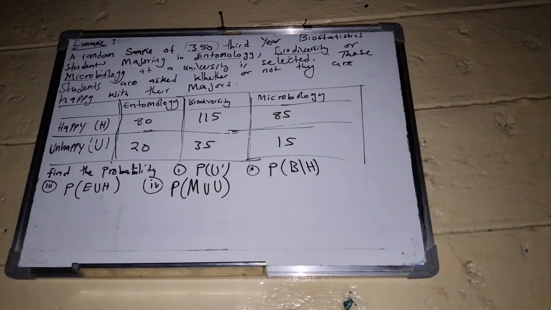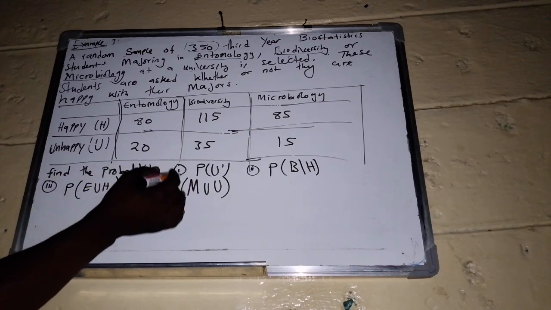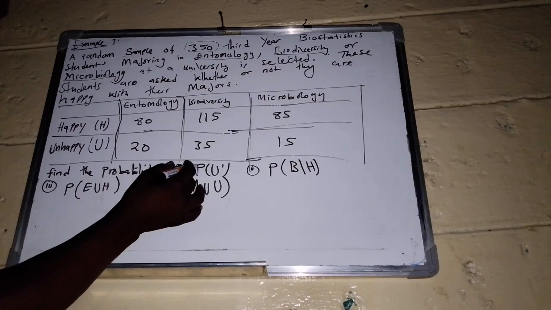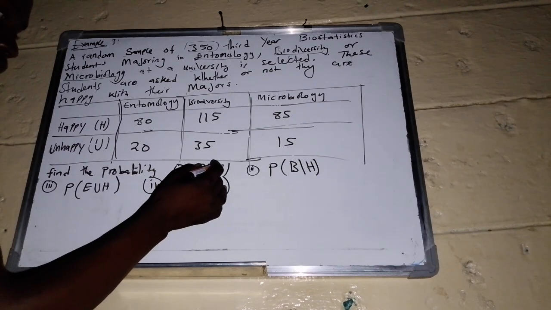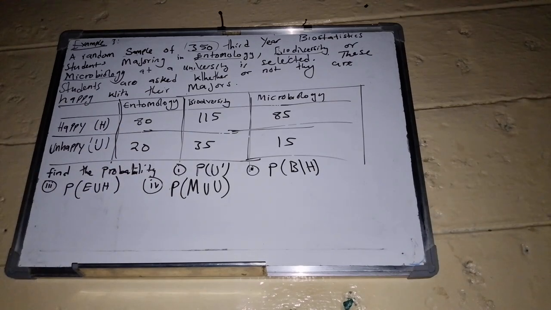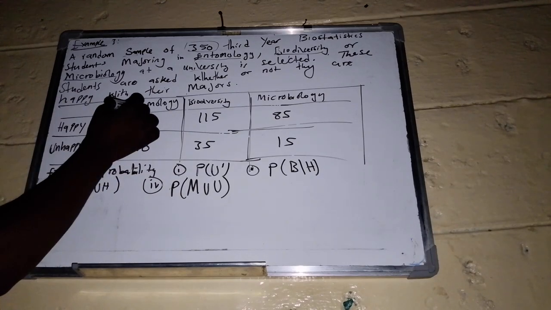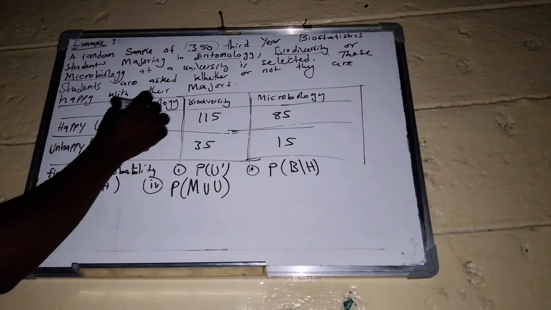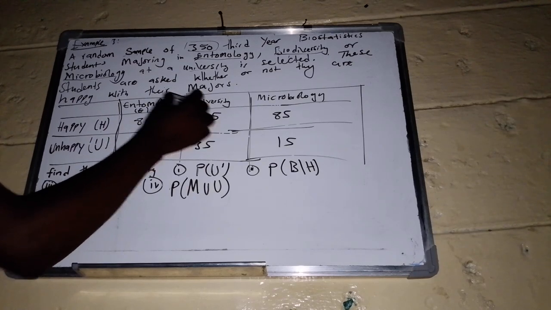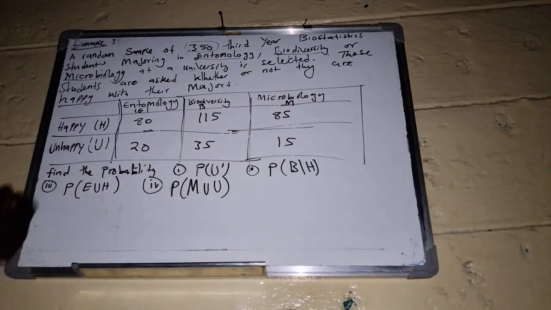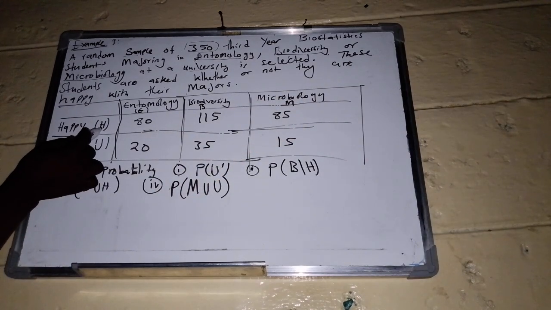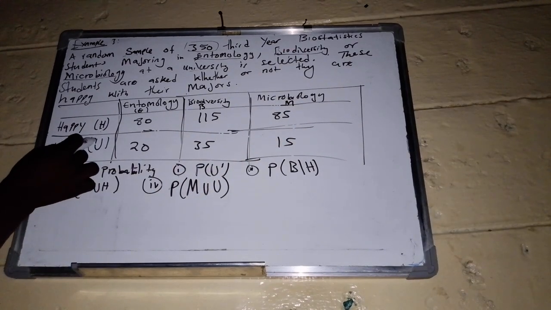The first one is P of U complement. Entomology is represented by E, biodiversity by B, microbiology by M. Those who are happy are represented by H, and those unhappy by U.